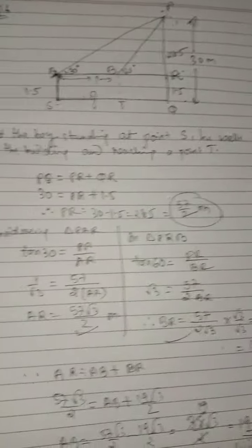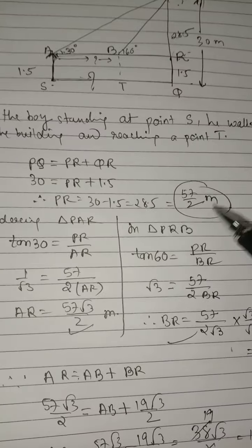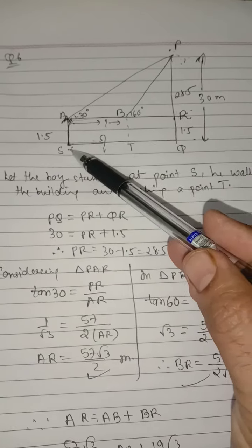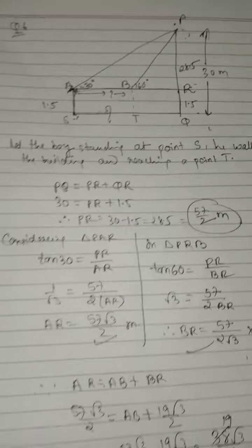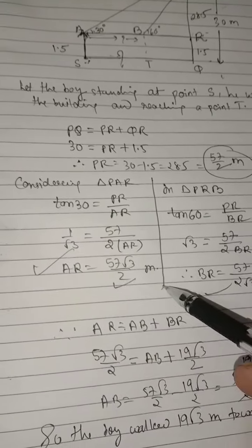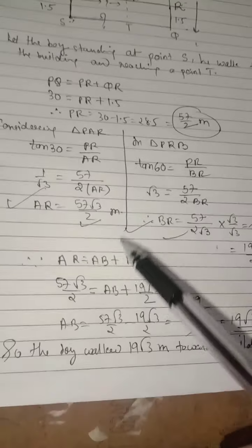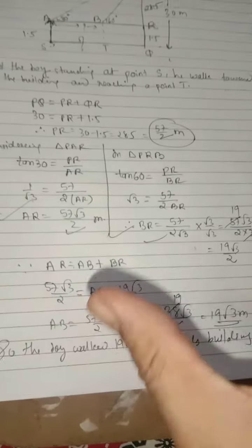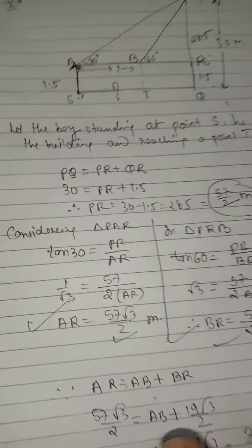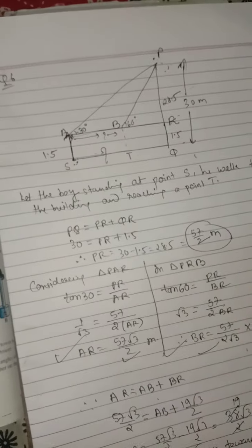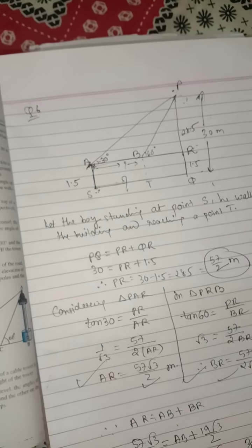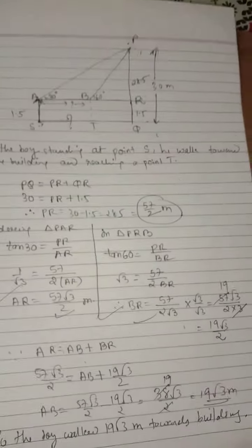You can take a full view of how to solve. First of all, whatever the height of the boy is, we have to subtract from the total height, and then we will go for the value of triangles and then the remaining one. So read the statement very simply and very carefully, so at least you will get the idea of how to solve the question. Okay, so let's move on to question number 7.